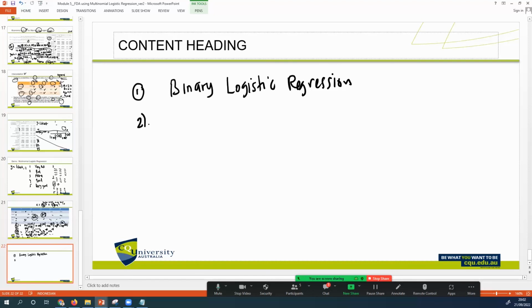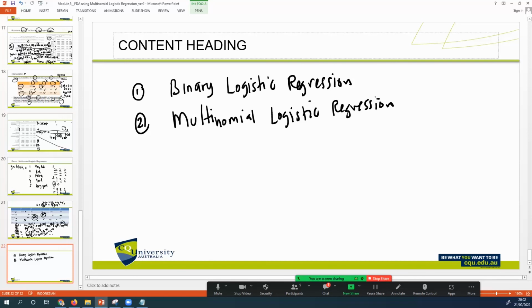Number two, using multinomial logistic regression. If using binary logistic regression, that will be 1 or 0. Multinomial, you can do 1, 2, 3, 4, 5.